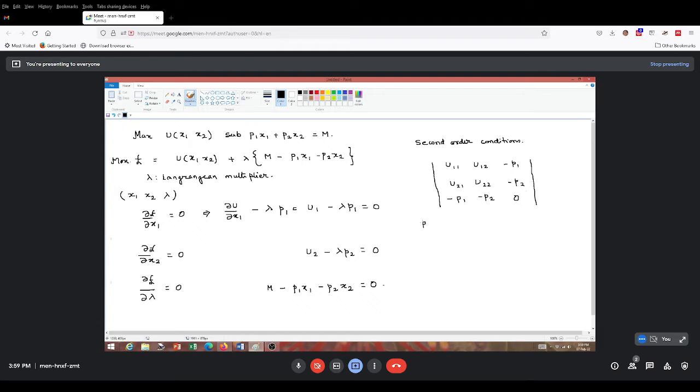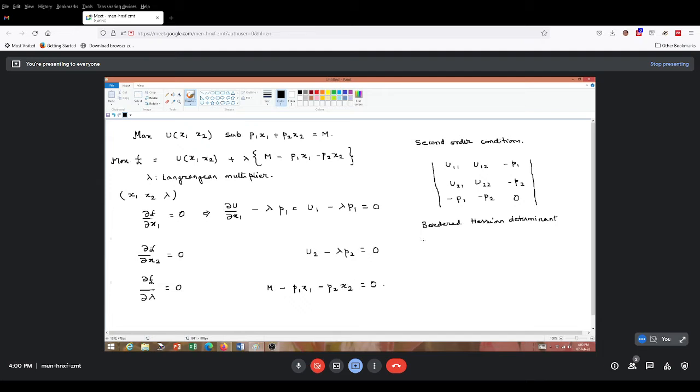This is called the bordered Hessian determinant. Why bordered? Because you can see there's a border over here. This last row and last column are the same. Minus P1 minus P2, minus P1 minus P2, and this is 0.